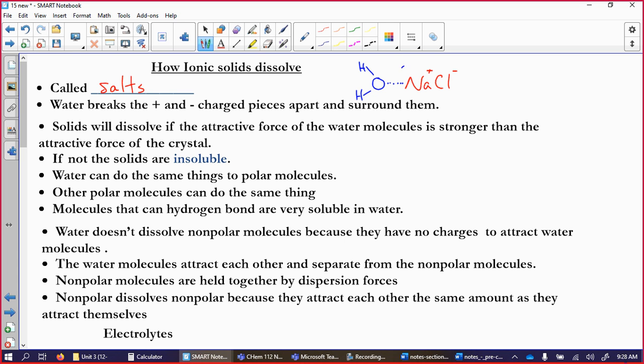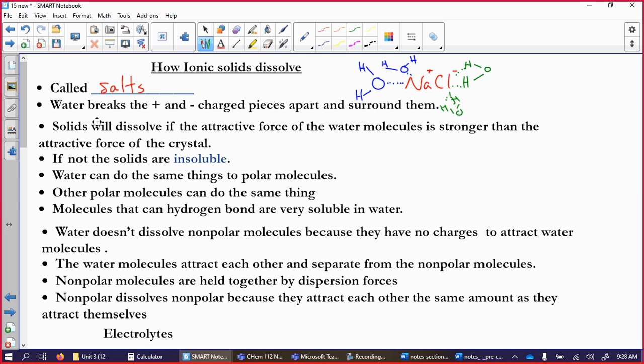You get a whole bunch of these surrounding the sodium, and they start to pull it apart. Chloride is negative, so the same thing happens in the opposite direction. You get the positive end interacting with it, and basically water rips this apart.